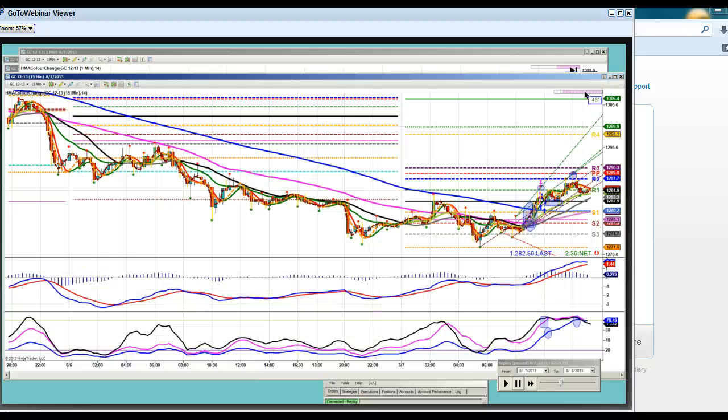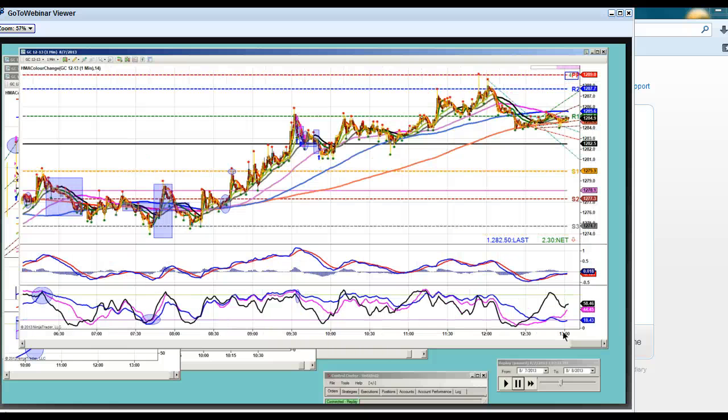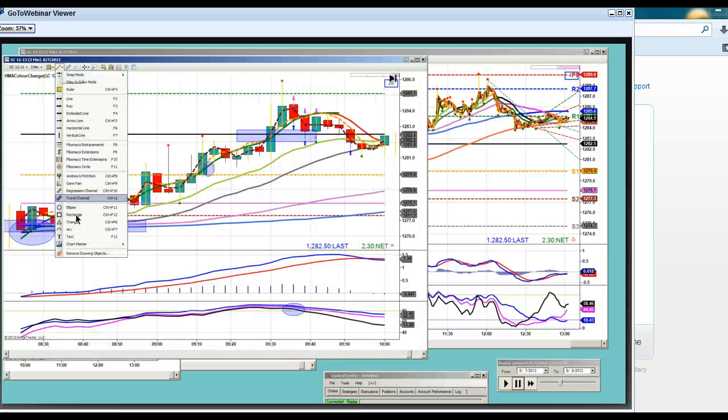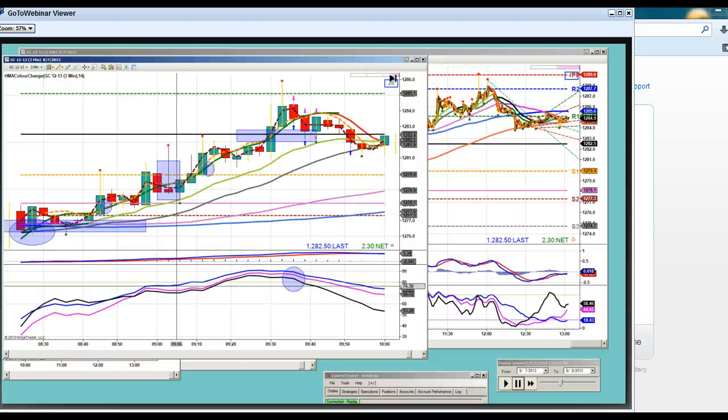You either want to say, you know what, I'm not going to take this one because the 100 has not made it to the top yet. So you see, when you're looking for something like this, here's your circle with a dot, you say, I'm not going to take it because my 100 has not made it to the top yet.